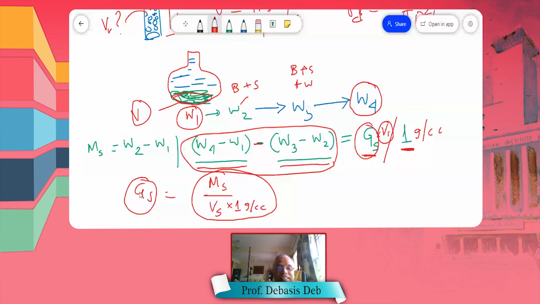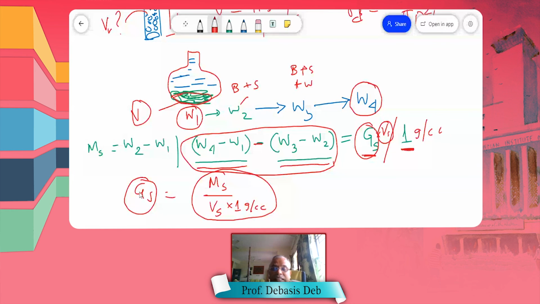And then W3 minus W2 is the space other than the solid volume, where the water is there. And when I do W4 minus W1, it is the total water volume.